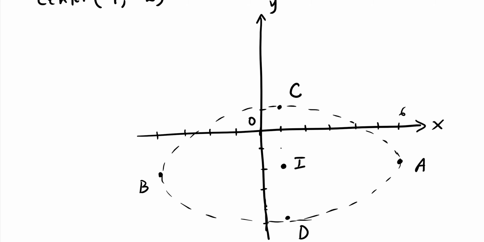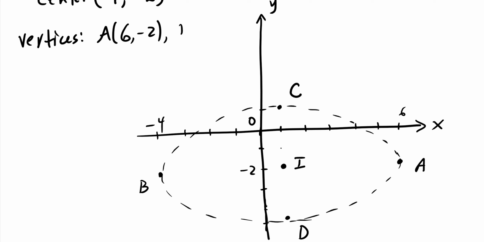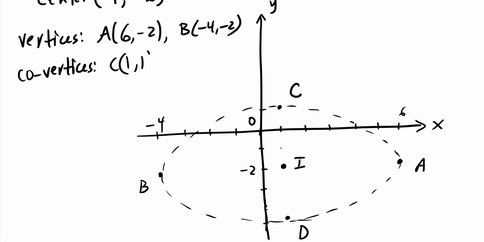See how it looks. That's the ellipse. From here I can find everything we need. So we got the center, vertices. Vertices A is 6, negative 2 and B is negative 4, negative 2. Co-vertices. C is 1, 1, D is 1.